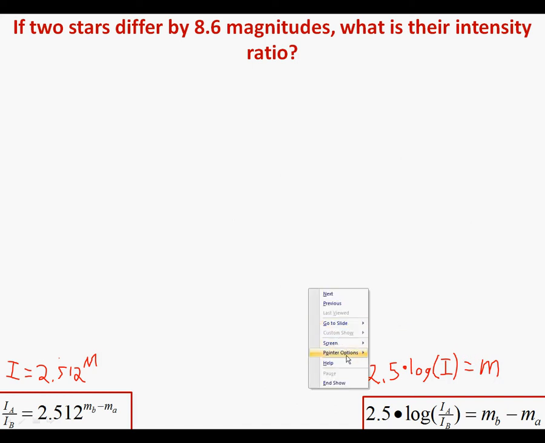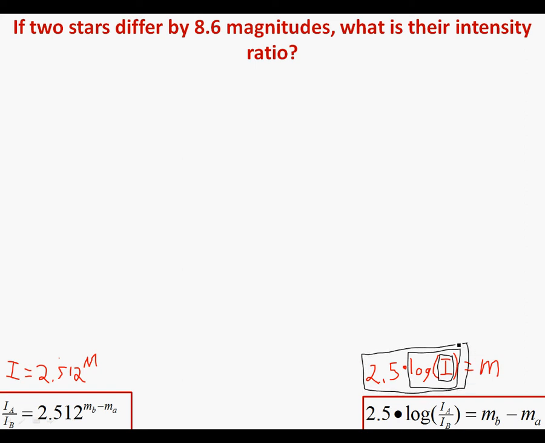So we can see here that the first thing we have to do is the centerpiece, plug in the variable, then we find the log of that variable, then we multiply that by 2.5, which gives us M. And here we plug in M, we take 2.512 to the power of M, which gives us I. So what I always want you to think about is getting from this innermost part to the outermost part when deciding which formula to use.